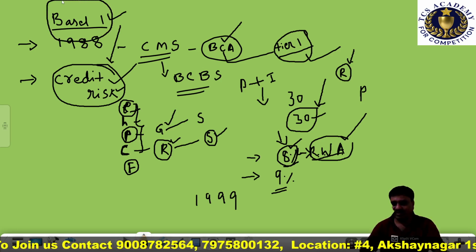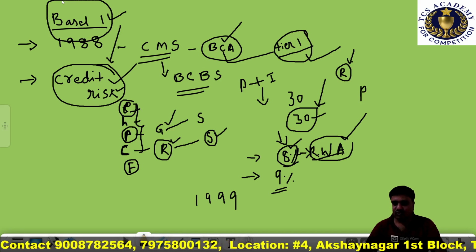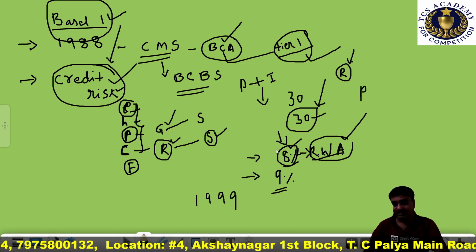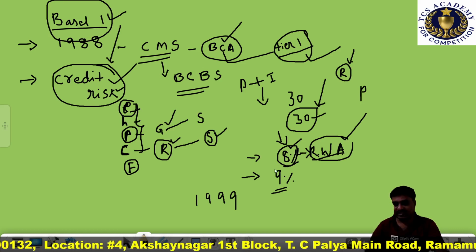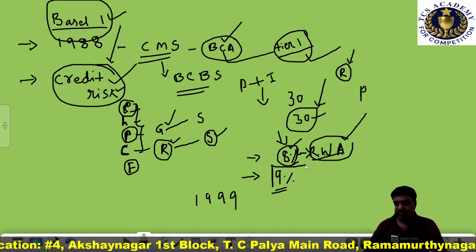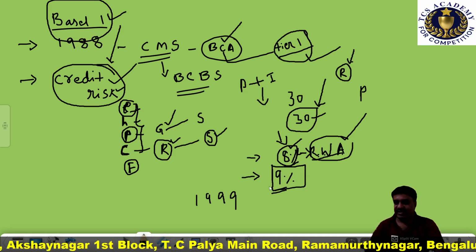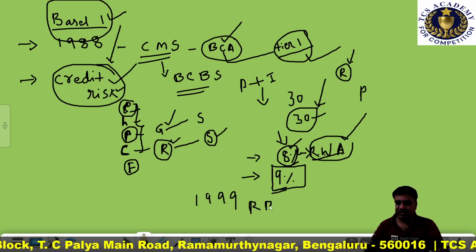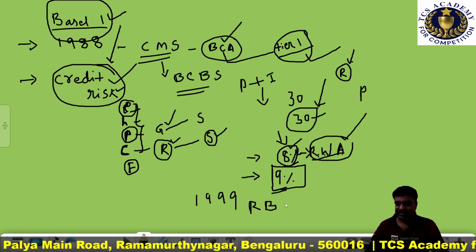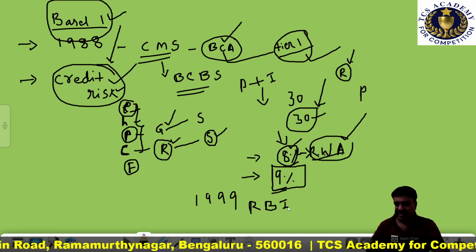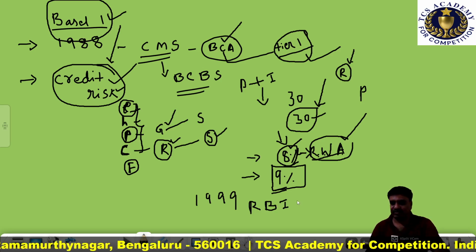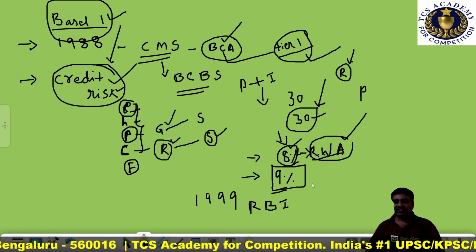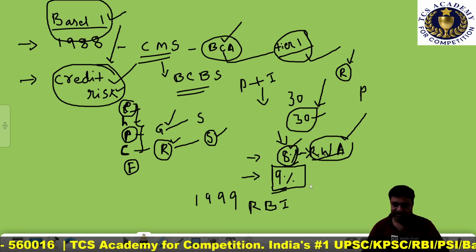Accordingly, the Reserve Bank of India has given guidelines to all the commercial banks to maintain not 8% as prescribed by the BCBS, but 9% in order to play safe. The percentage of capital the banker has to maintain against the risk weighted assets must be 9% as far as India is concerned. Is that clear?